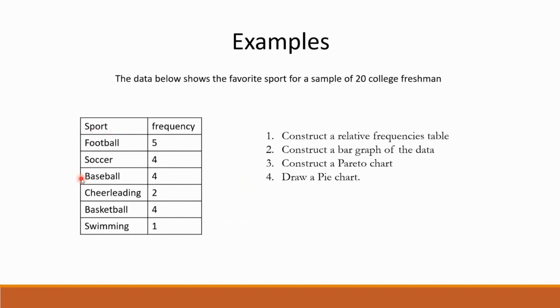We talked to 20 college freshmen. We had a sample of those, that is, from however many there are at that college. We asked them, what is their favorite sport? So these are the answers they gave us. What we're going to do is make a relative frequency table, a bar graph, a Pareto chart, and a pie chart. We're going to make all that as different ways to display this data.